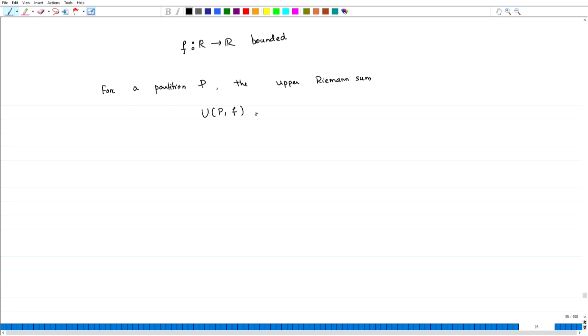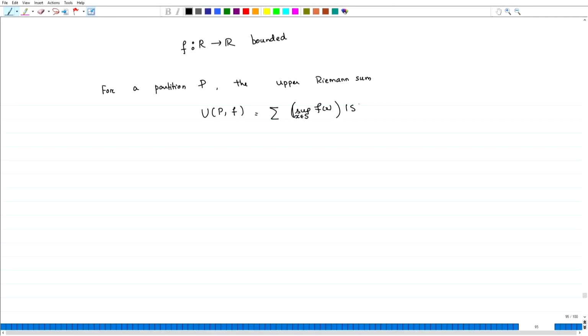So, this is equal to the summation over the supremum of f of x, where x belongs to the subrectangle S, and then we have the length b_j minus a_j, or the length of the partition x_{j+1} minus x_j.